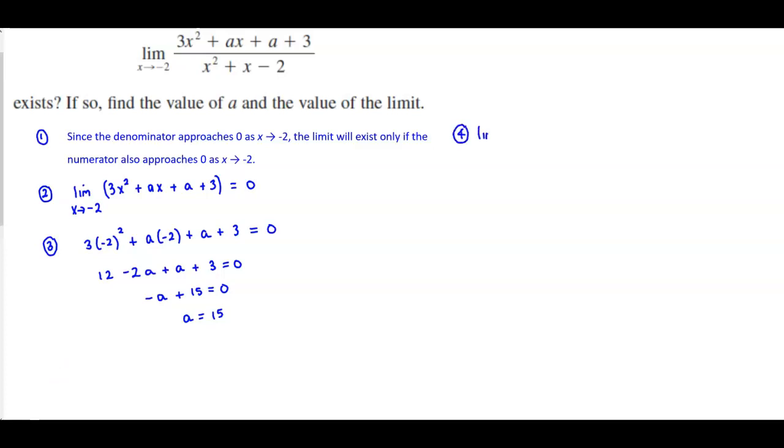So let's write that over here, step number 4. So we have the limit as x is approaching negative 2. So this becomes 3x squared plus 15x plus 15 plus 3 over x squared plus x minus 2.